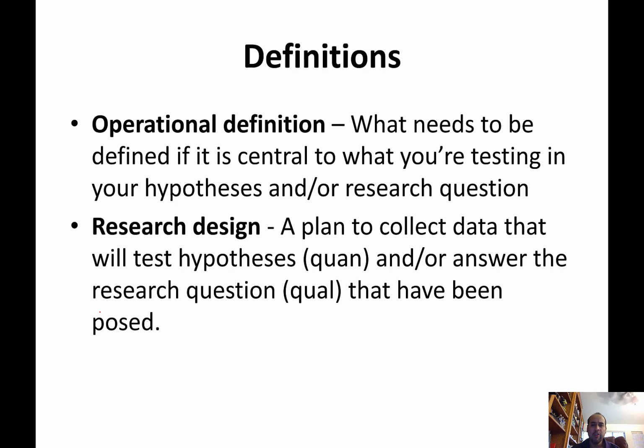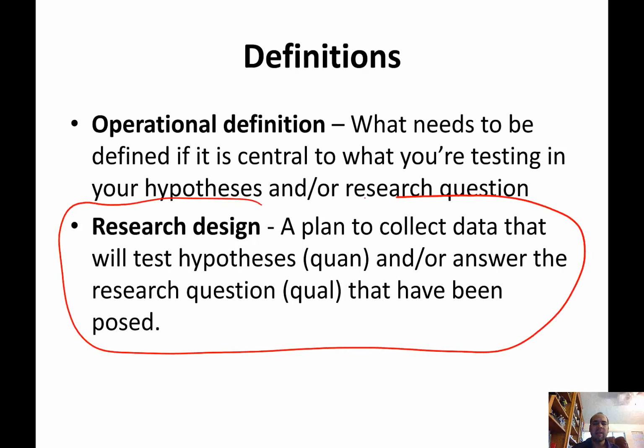The research design, this is key. This is essentially your final assignment, writing a research methods paper, and this is what you're going to be doing. The research design is a key part of that assignment.